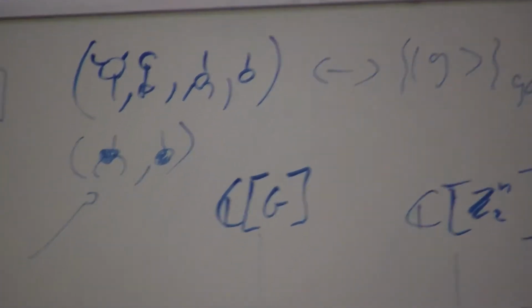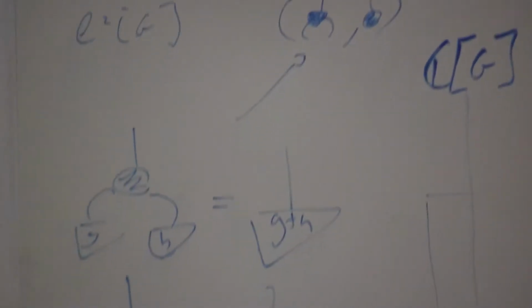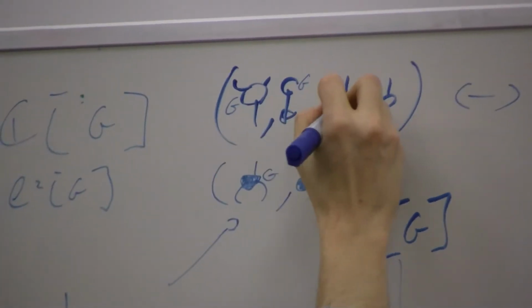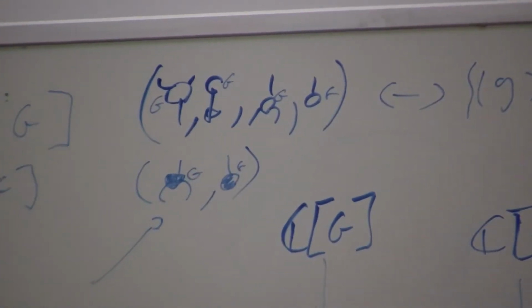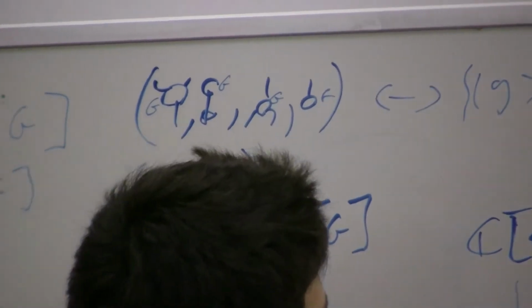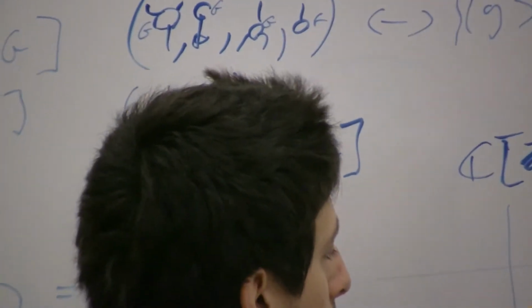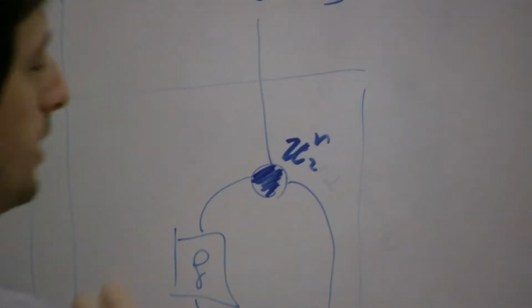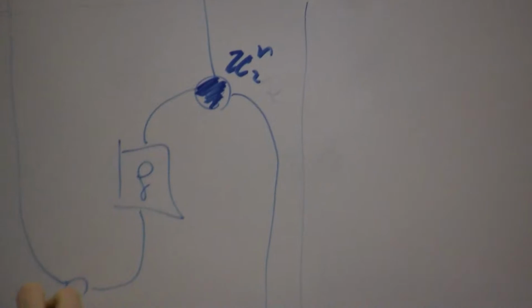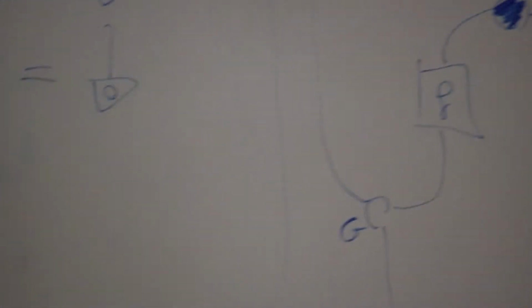In order to not write too many colors, because it's a bit cumbersome after a while, I will just write the name of the group next to them, so that it's clear which one I'm talking about. And I can simplify notation a bit, and I can say that this is the group operation of Z to the n, because it's XOR, and this is just the basis algebra of group G.